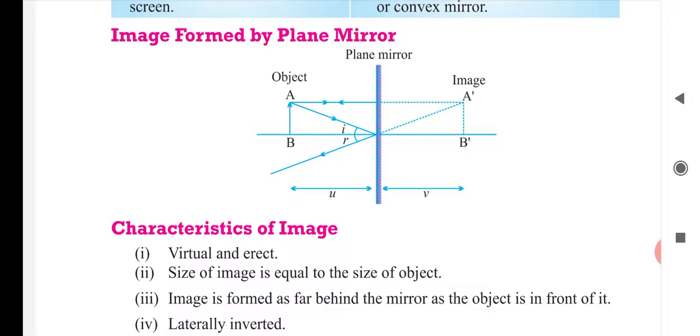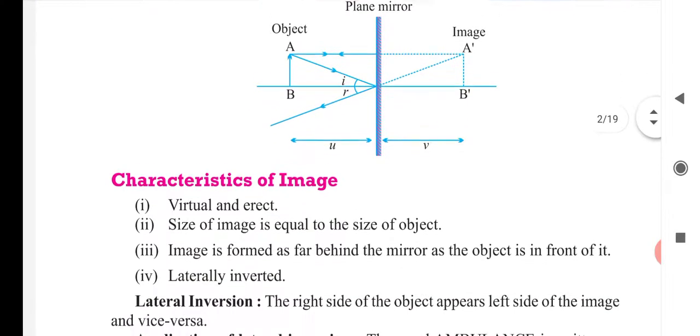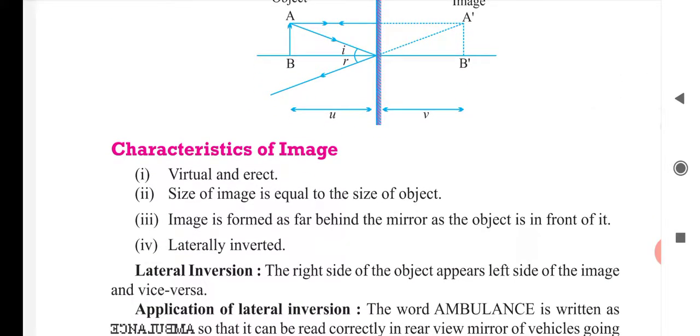The last one is laterally inverted. Laterally inverted means, if you stand in front of a plane mirror and raise your right hand, inside the mirror it will raise the other hand, that is, the left hand. Let me explain what lateral inversion is.